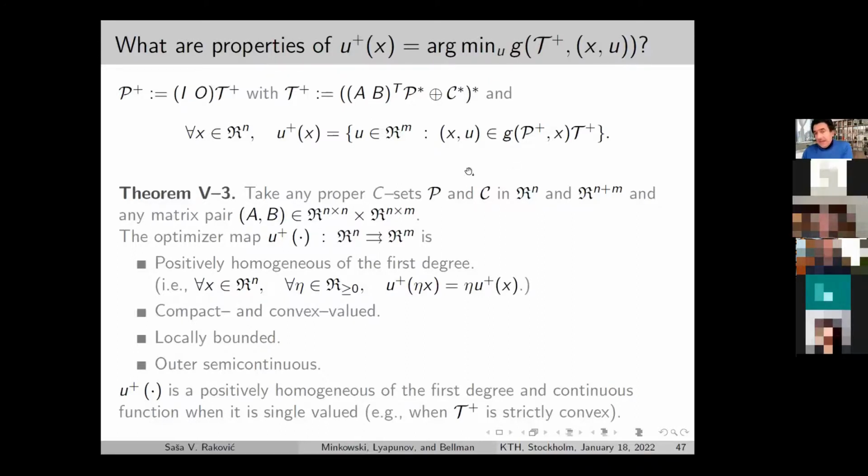And finally, because this is a continuous function and this is a proper C set, this map is outer semi-continuous, its graph is closed. Now, what it means, since it's locally bounded and outer semi-continuous, is that this is a positively homogeneous of the first degree and continuous function when it's single valued. It's single valued when you have this T plus to be continuously differentiable or to be a strictly convex set. In that case, you get continuity, you get stronger properties, okay?